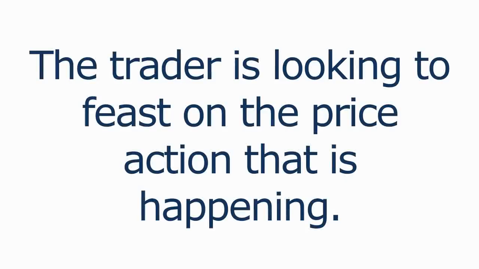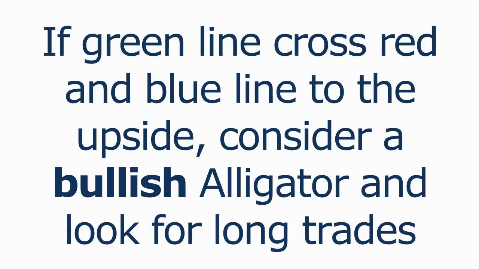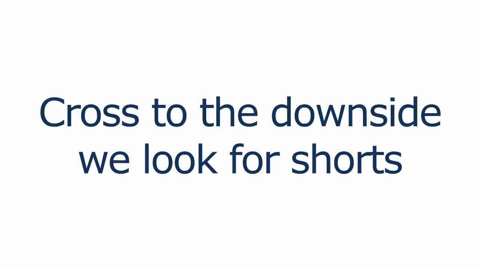And the trader is also looking to feast on the price action that's happening. If the lips cross the teeth and the jaw, so if the green line crosses the red and the blue line to the upside, we consider a bullish alligator and we look for long trades. When the lips cross the teeth and the jaws to the downside, we consider looking for short trades as we now have a bearish alligator.